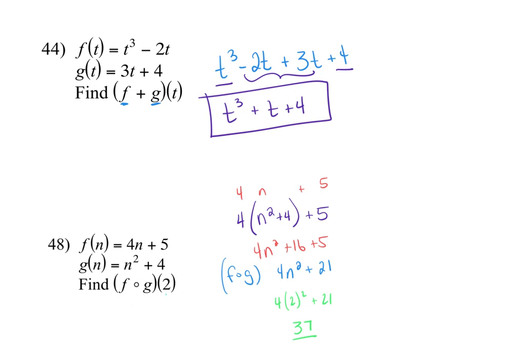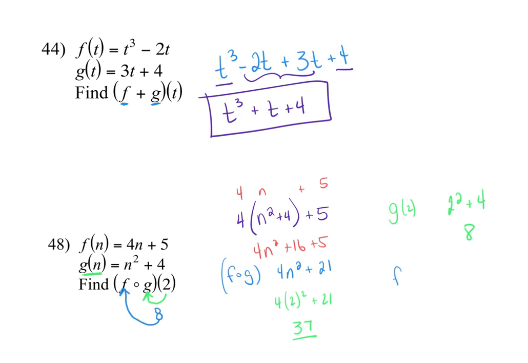Or you can take the 2 and plug it into the g, all right? So I can take it and plug it into my g function. So my g function at 2 would be 2 squared plus 4, right? Which is just 8. Then I'm going to take that answer, which was 8, and I'm going to plug that into f.